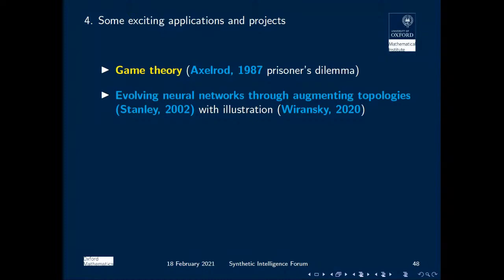Another very exciting application, not so recent but really getting better now, is the ability to combine evolutionary algorithms, including genetic algorithms, with deep learning methods. And you have this extremely interesting and, I think, influential paper, Evolving Neural Networks through Augmenting Topologies, the NEAT algorithm by Kenneth Stanley, that really tries to put these two worlds together.